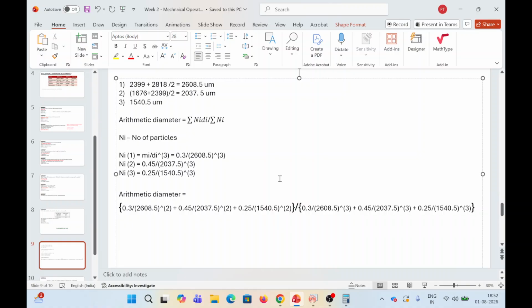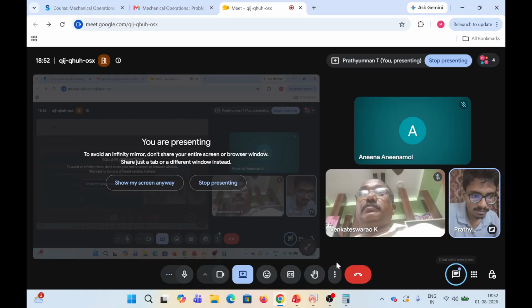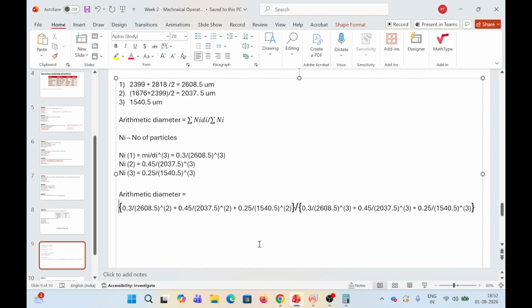If you do that, you will get the arithmetic diameter of the particles. Any questions or anything that is not clear here? Anyone?